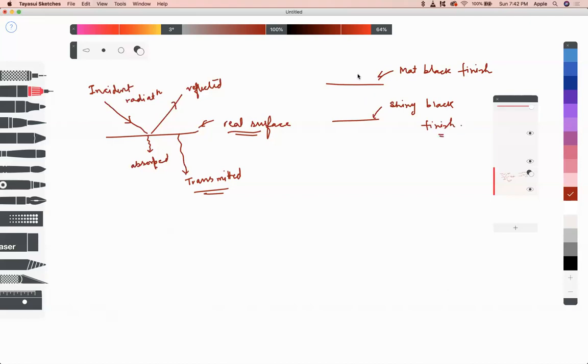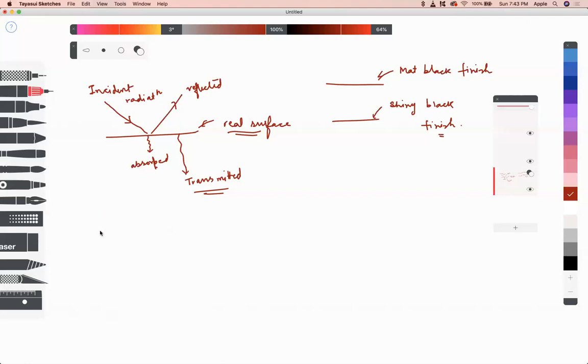Then in this case, absorptivity will be more, reflectivity will be less, whereas in the shiny black surface, absorptivity will be less, reflectivity will be more. Or you can make a direct comparison between these two. Absorptivity in a matte black finish will be more compared to a shiny black finish, and reflectivity will be less in a matte black finish compared to a shiny black surface.